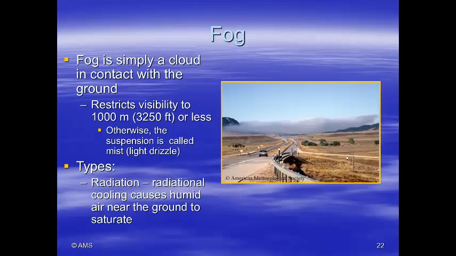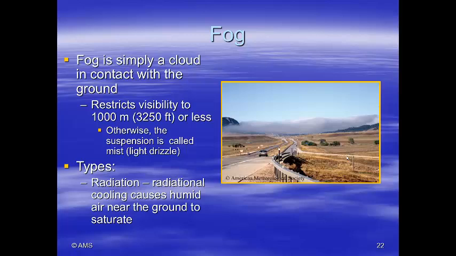We also have fog, and fog is simply a cloud that touches the ground, and it restricts visibility to about 1,000 meters or 1 kilometer or less. If you can see past 1 kilometer, then we call it mist, or light drizzle.